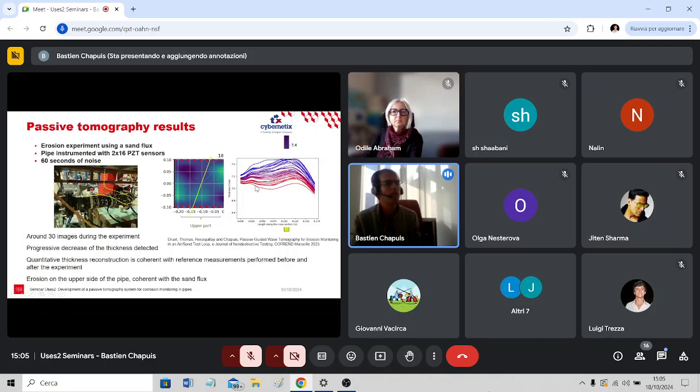As I mentioned previously, when we wanted to demonstrate that we are robust against temperature variation, there is still a small variation of our reconstruction due to temperature. So I don't think we can claim that we have a 0.01 millimeter thickness resolution. It's probably worse than that, but still we have here a very robust measurement, and we can clearly see the thickness reduction, and we will for sure capture the defect before we reach 0.